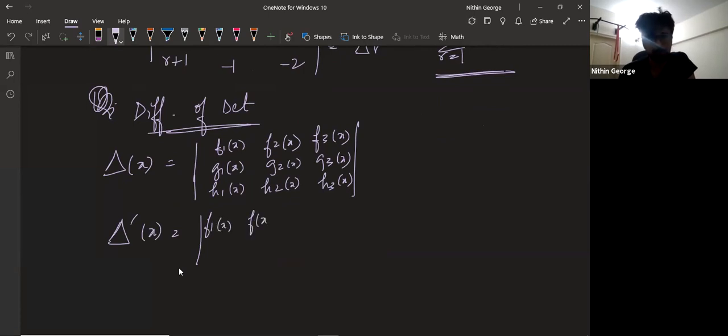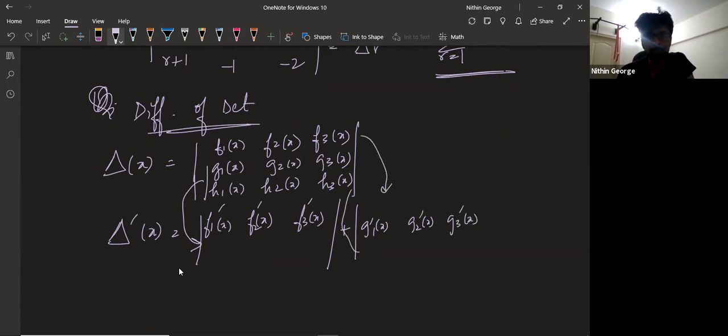f1x, f2x, f3x. I will differentiate this first row, keep the remaining as it is, okay? They will remain as it is. Plus, I will differentiate the second row, g1, g2, and g3, and keep the remaining as it is. Then I differentiate the third row and then keep the remaining f1, g1 as it is.